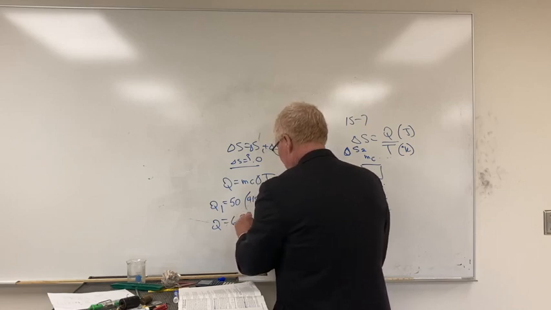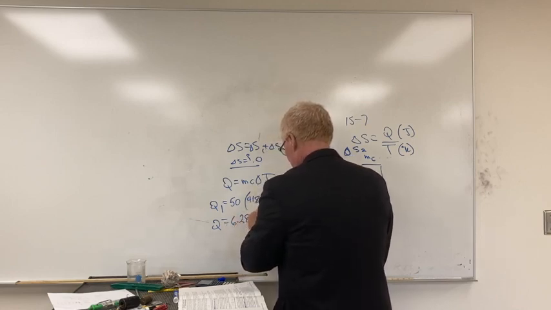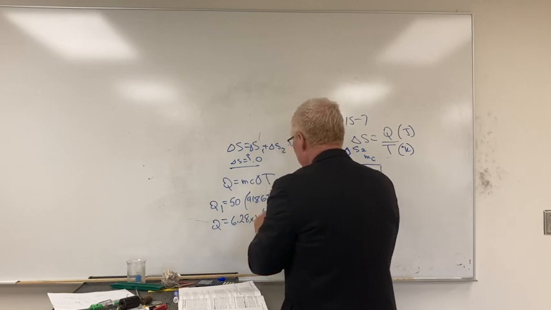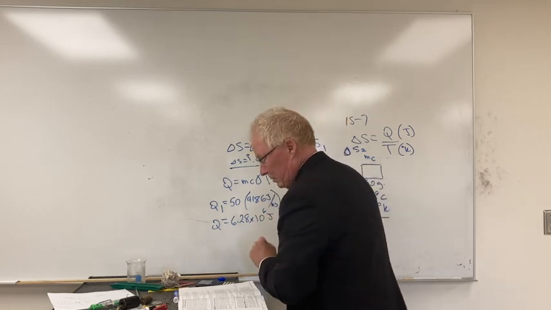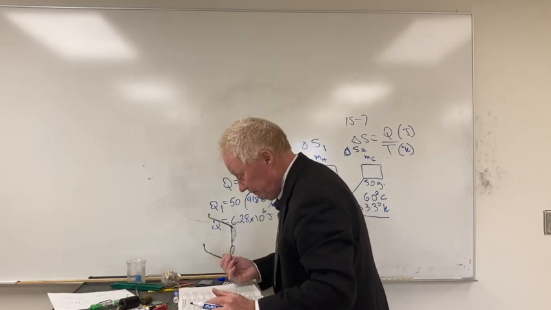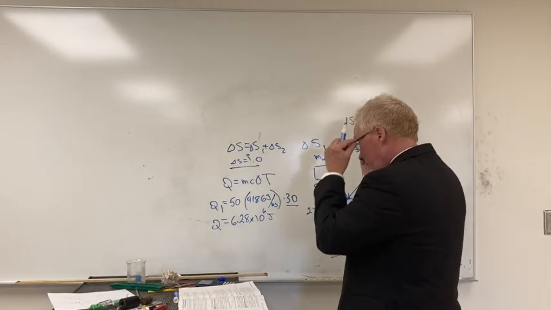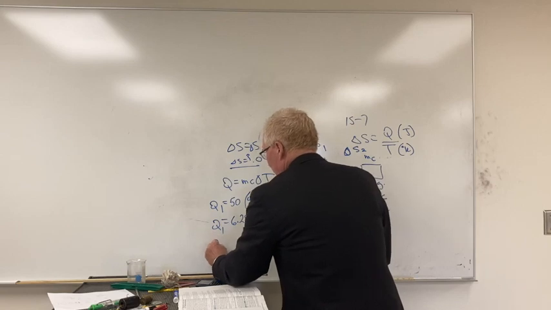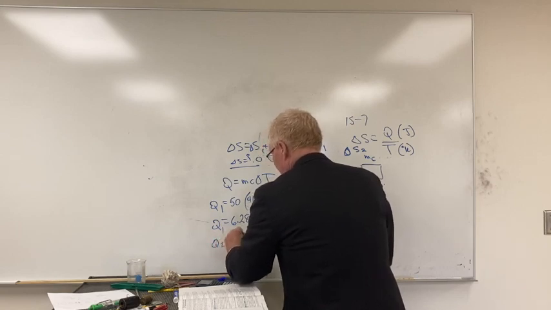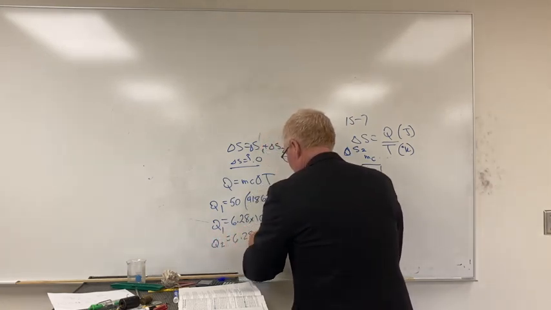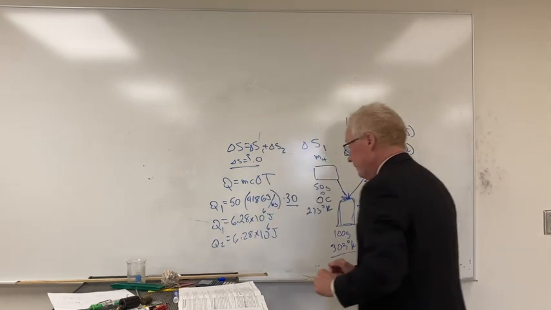Q1 will be 6.28 times 10 to the 6th joules, right. Yep. And Q2 will be 6.28 times 10 to the 6th joules. Okay.